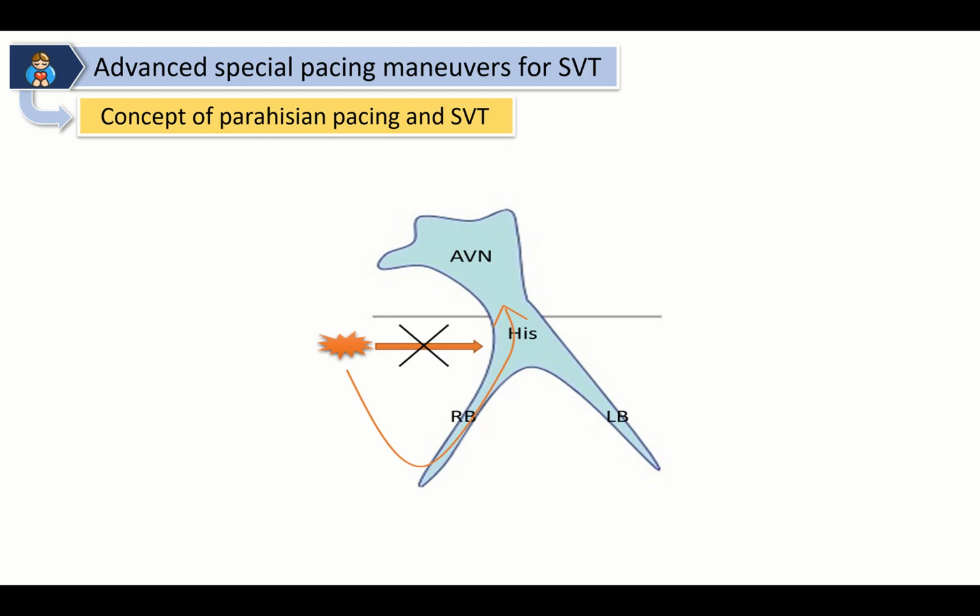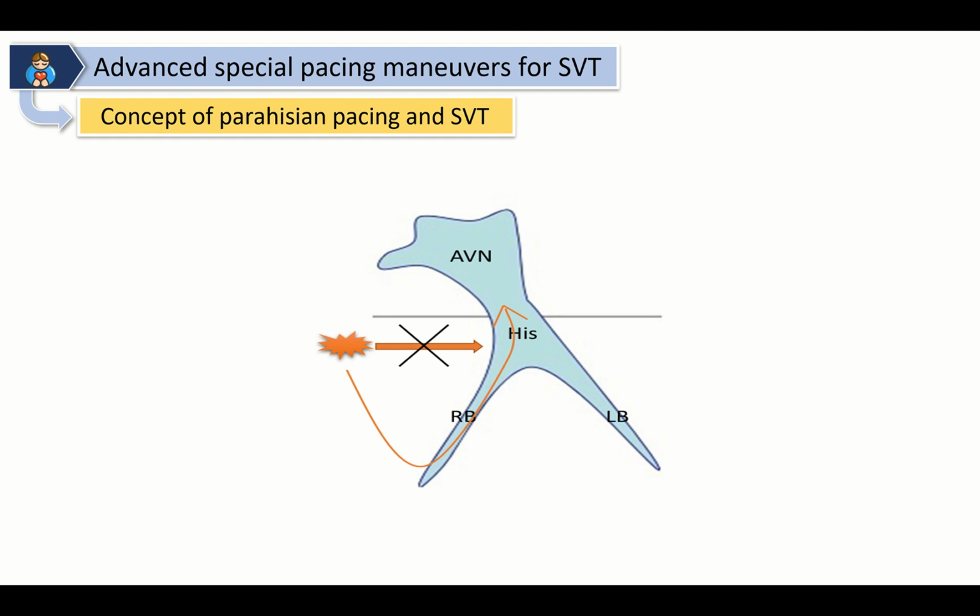As we know, the His bundle is a deep structure, encapsulated, surrounded with fibrous tissue, and if you want to capture the His, you should pace very close to the His, at the base of the heart, using high output, which may reach 15 or 20 to capture the His bundle. Then retrograde conduction, AV node and the atrium.